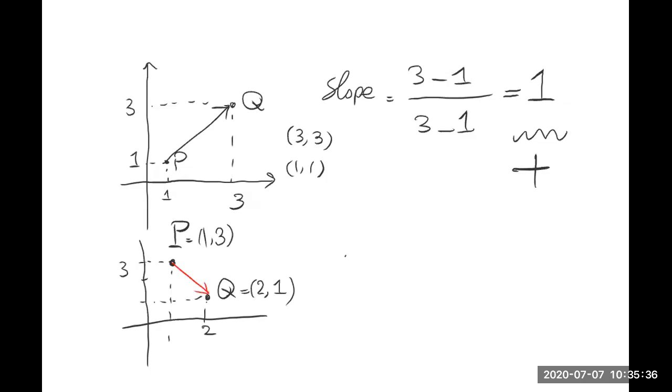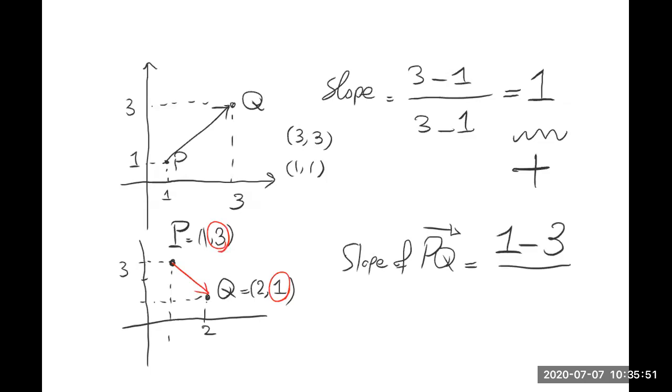I want to see what the slope of PQ is. Okay. I should subtract the second coordinates. It's going to be 1 minus 3, and then I should divide it by 2 minus 1. Now 1 minus 3 is minus 2, 2 minus 1 is 1, and minus 2 over 1 is minus 2. So it's negative.